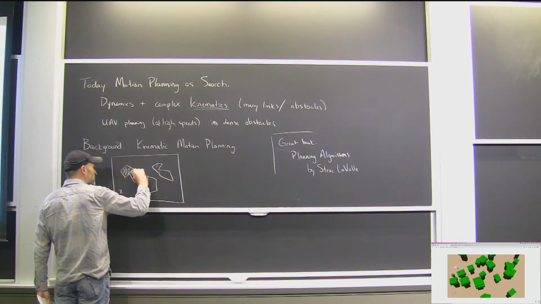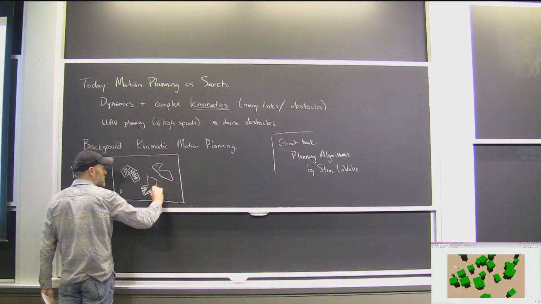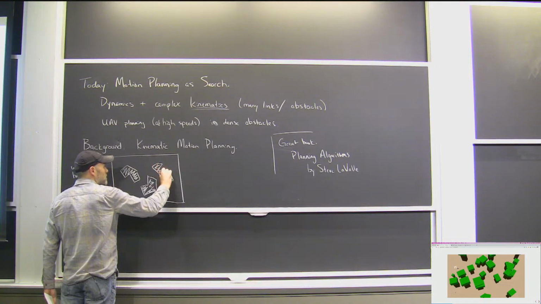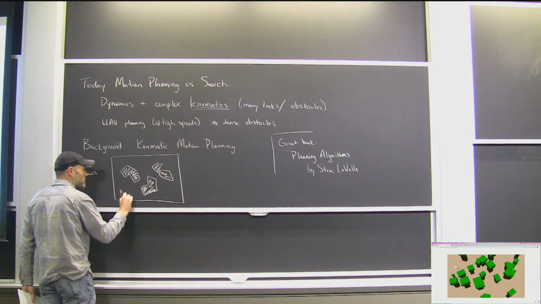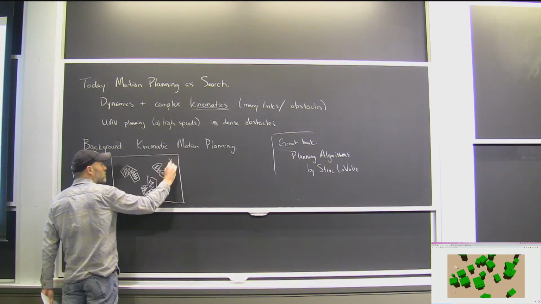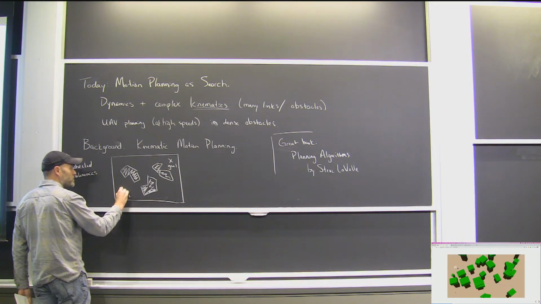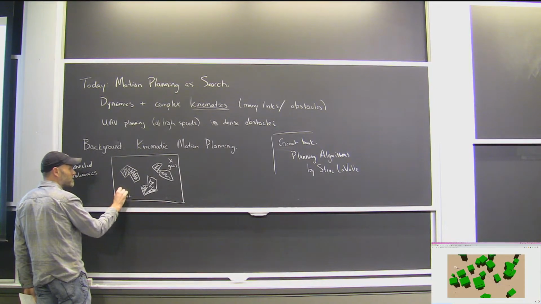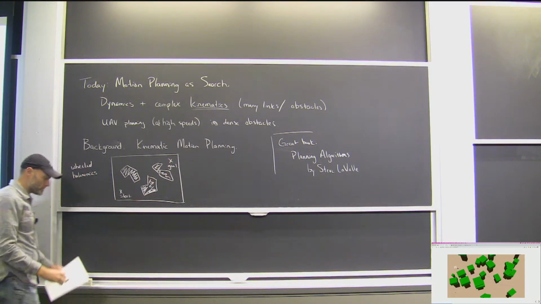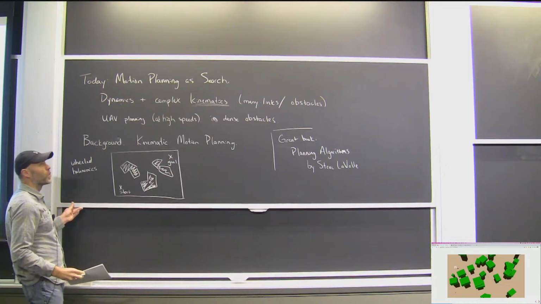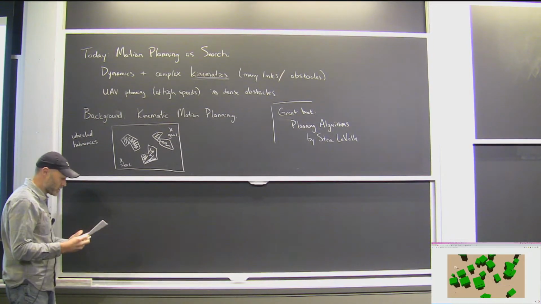They could be interesting geometry. Okay, let's say this is my start, and I want to get to a goal, and I just want to move a simple, let's say, a point robot through an obstacle course to get to the goal. Okay, this is the picture you'll see over and over again in the kinematic motion planning world.